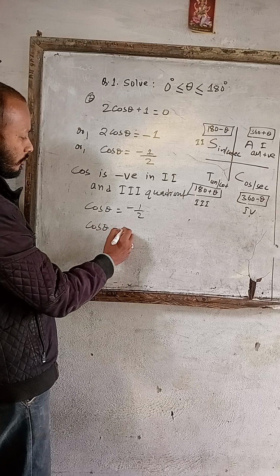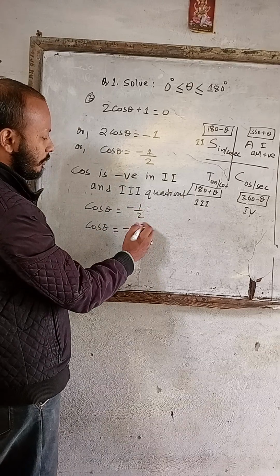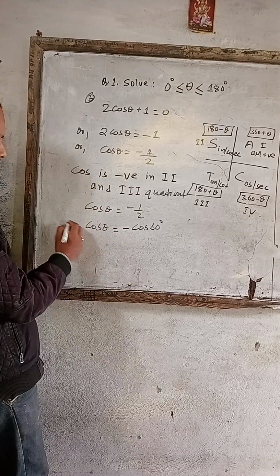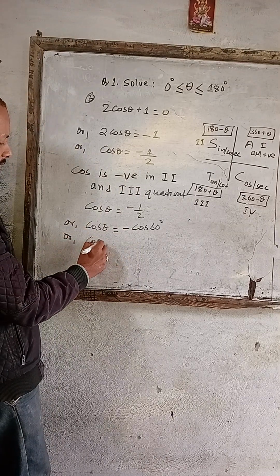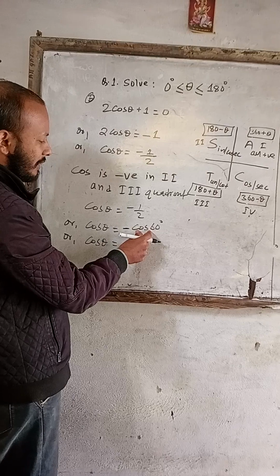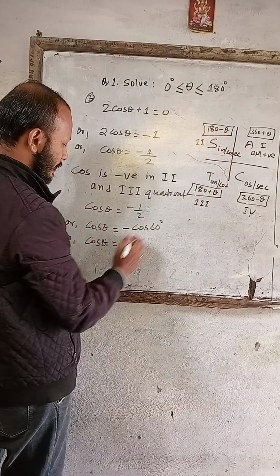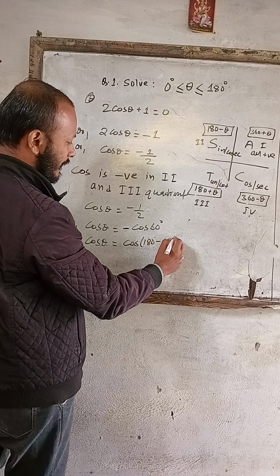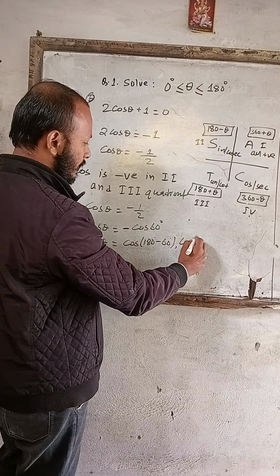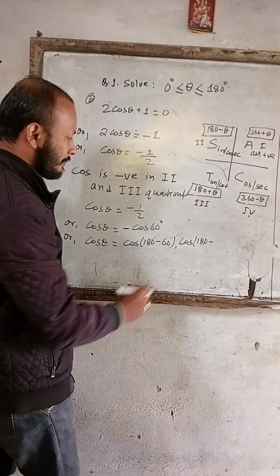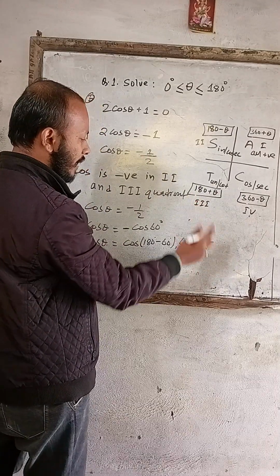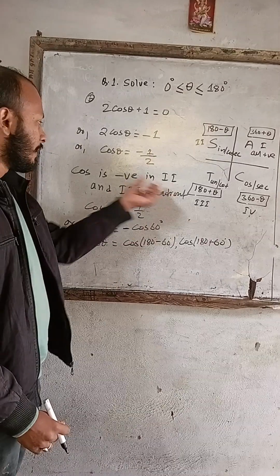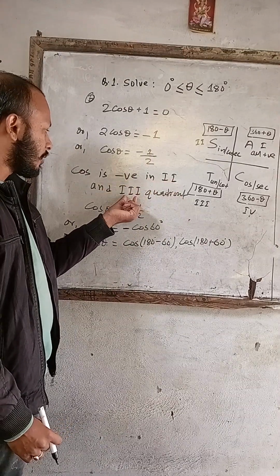Cos theta equals minus, and cos of 1 by 2 is cos 60 degree, but still I don't have the minus sign. Now this will be replaced by minus cos 60 degree, meaning cos 180 minus 60 degree, comma, cos 180 plus 60 degree for the third quadrant. See here, cos is negative in the second and third quadrant.